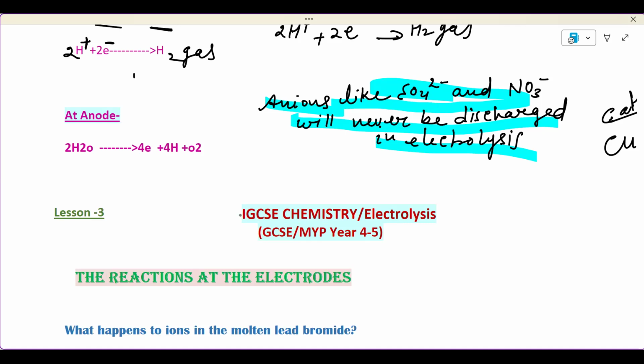And at the cathode, hydrogen ions are usually discharged to form hydrogen gas, unless copper 2 ions or silver ions are present. Always remember this point.